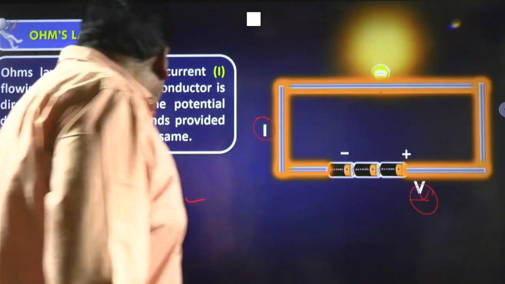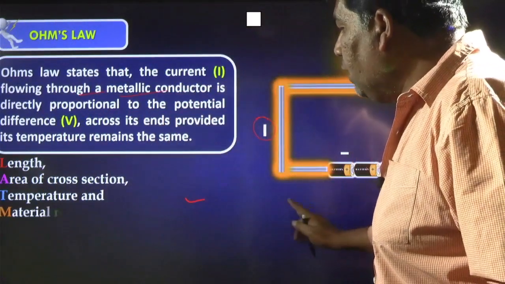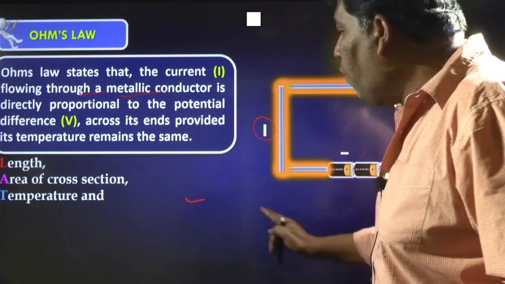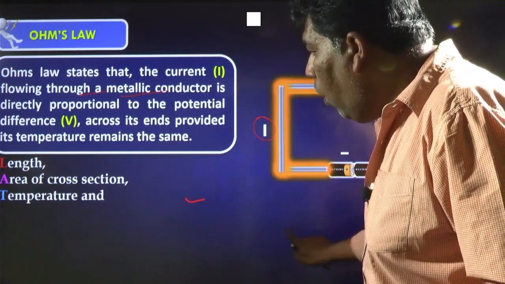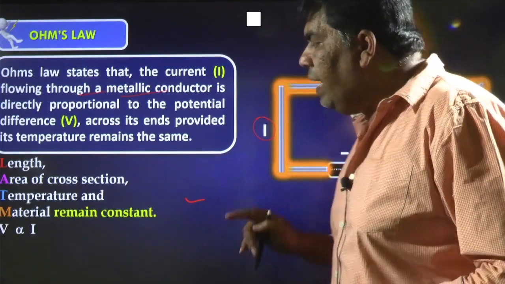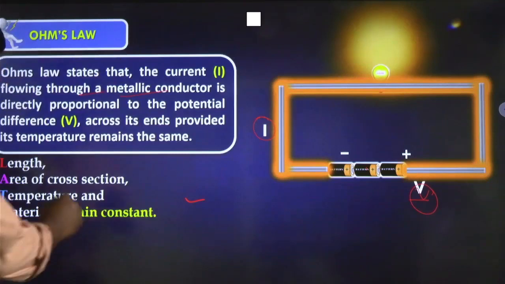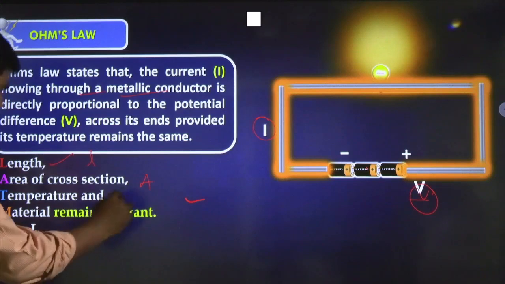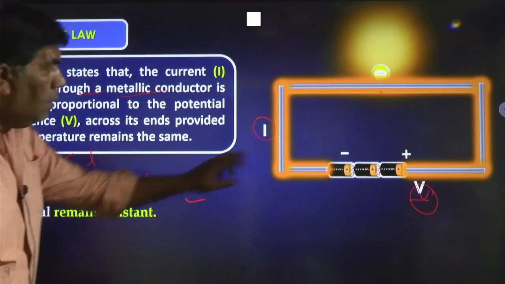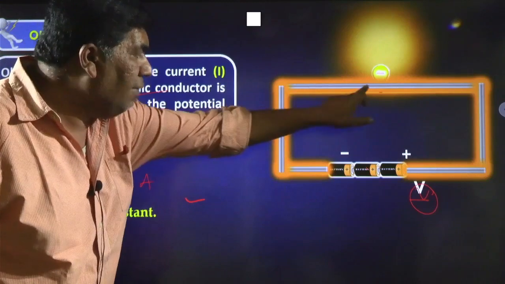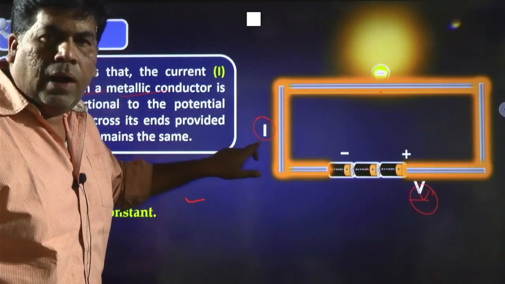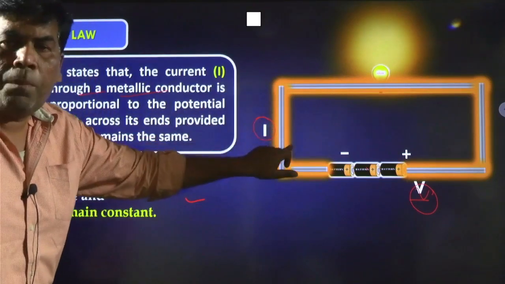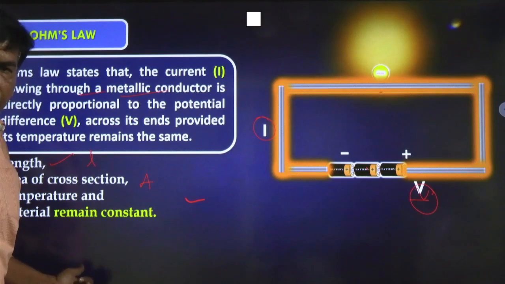Here, if the length L, area of cross section A, temperature, material, pressure and humidity are all constant, then V is proportional to I. The metallic conductor, the connecting wire, may be made of copper or some other material, so this relation also depends on the material.